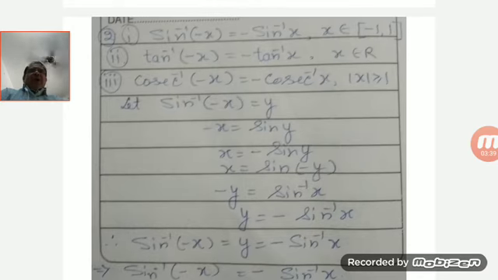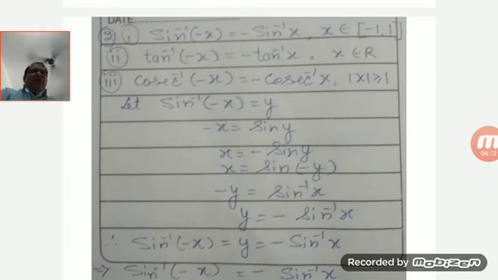Sine inverse minus x is equal to minus sine inverse x, where x belongs to the closed interval -1 to 1. Second property, tan inverse minus x is equal to minus tan inverse x, where x belongs to the real numbers. Third property, cosec inverse minus x is equal to minus cosec inverse x when modulus of x is greater than or equal to 1.